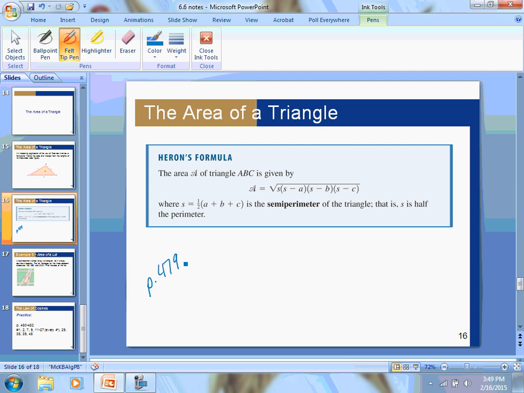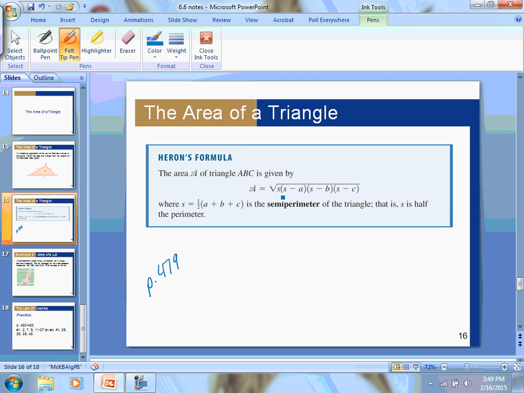But what it says is that the area of the triangle is this. A, B, and C are going to be your side lengths. And then they also have S. S is called the semi-perimeter because it takes the perimeter, A plus B plus C, and divides it by 2.